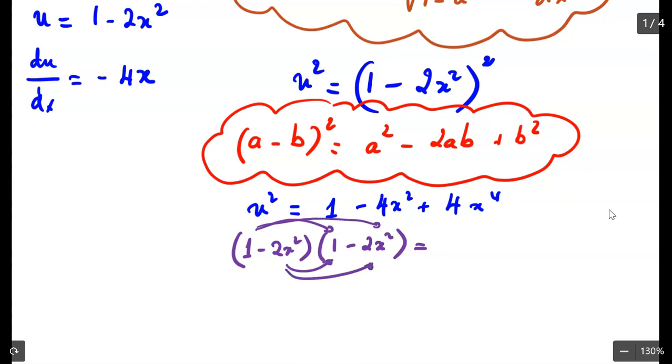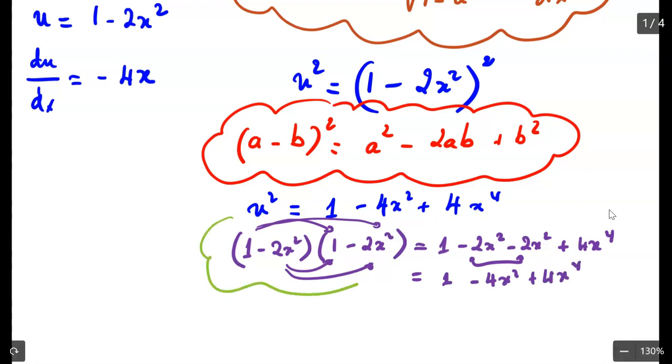When you multiply this out, you should have 1 minus 2x squared minus 2x squared plus 4x to the exponent 4. And then you combine these two terms, and you should have 1 minus 4x squared plus 4x to the exponent 4. So it does the same thing as the formula up here.